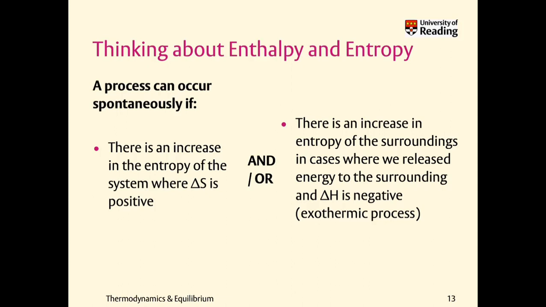Remember, the change in entropy of both the system and the surroundings, the universe, is always positive, but the system may not on its own have a favourable entropy change.